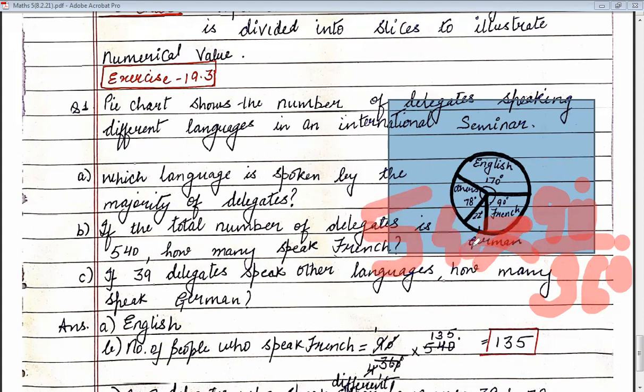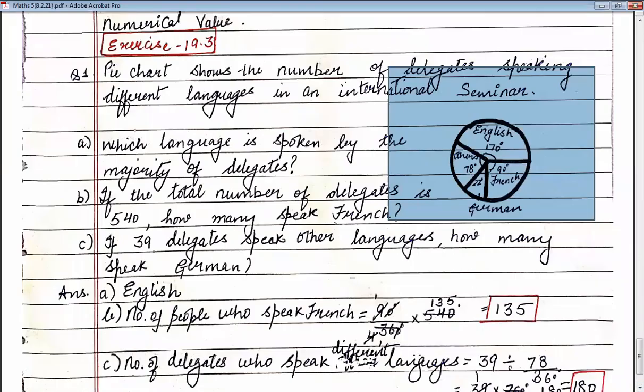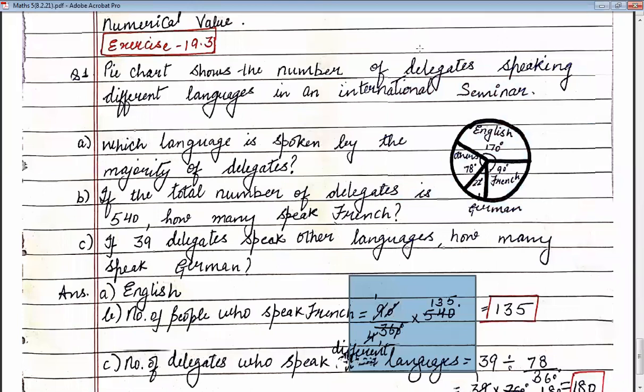Let me repeat one more time. How will you find the number of delegates who speak French? You will do 90 divided by the complete angle, that is 360 degrees, multiplied by the total number of delegates, 540.